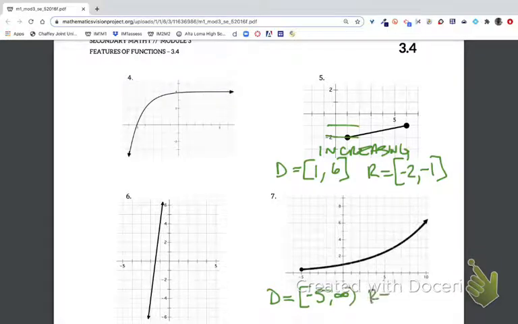The range starts from here, and again that arrow means that it's going to go up to positive infinity. So we will start at 1/2 and go to positive infinity. And this is increasing because it's going to continue going up and up as we go.